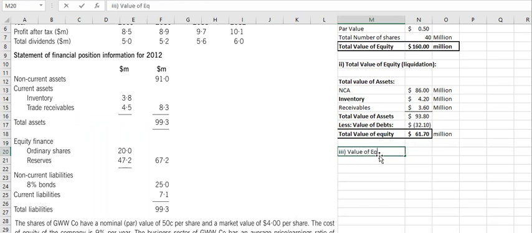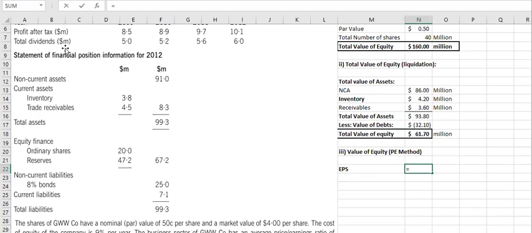Value of equity using the PE method, the price earning ratio method. For price earning ratio, we need earning per share of the company. To calculate the earning per share, we need the total earnings after tax for the business.